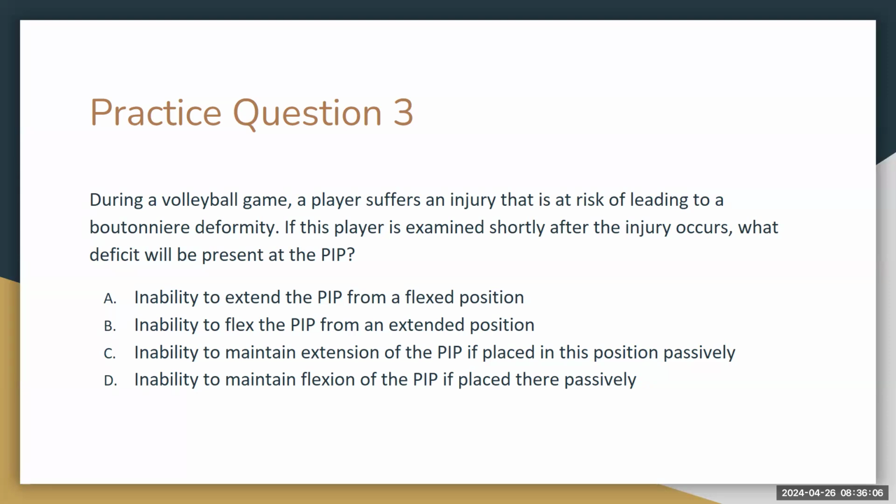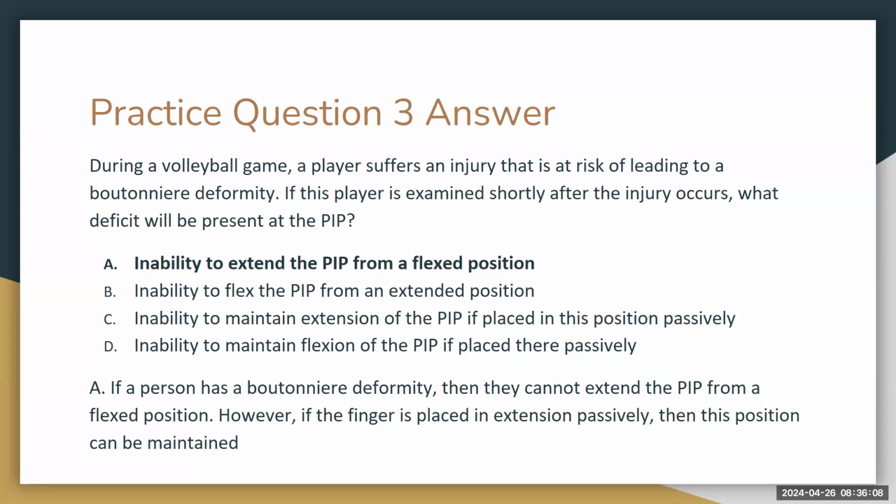All right. And that's A. This is the central slip issue. With the boutonniere, they can't extend from a flexed position. They can maintain the extended position if put there passively. So that's the big thing there.